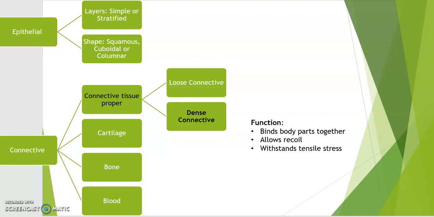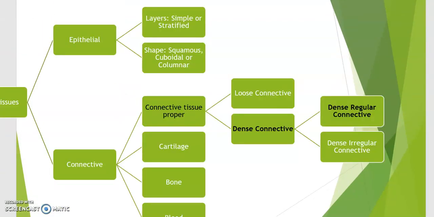And this dense connective tissue allows recoil and really withstands that tensile stress that it is under. Very highly specialized tissue. Of course, it's divided up. And dense connective tissue divides into regular and irregular.